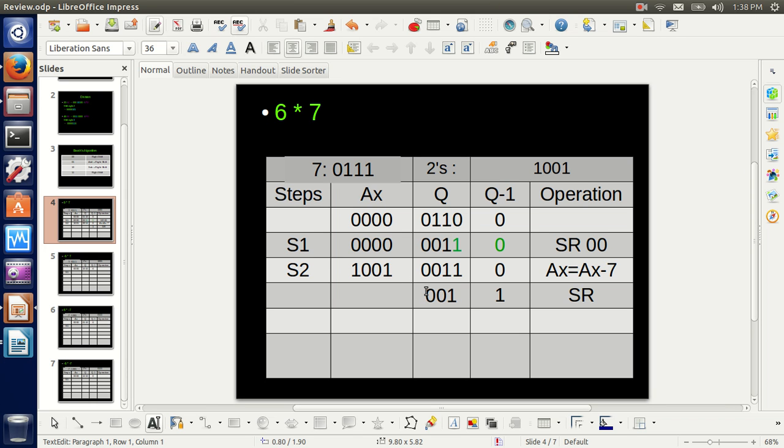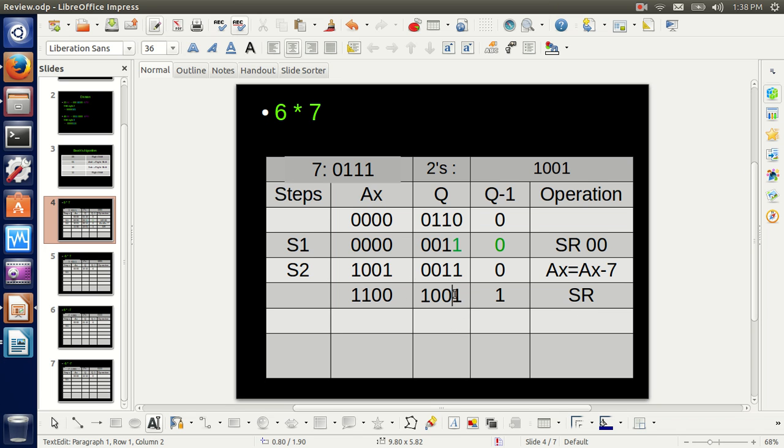It's going to be a 1. So I'll have now 0, 0 and 1 and 1. Why? I shifted this, and I shift the sign. This is really important, shifting the sign. I shift this to here, and the sign stays negative.